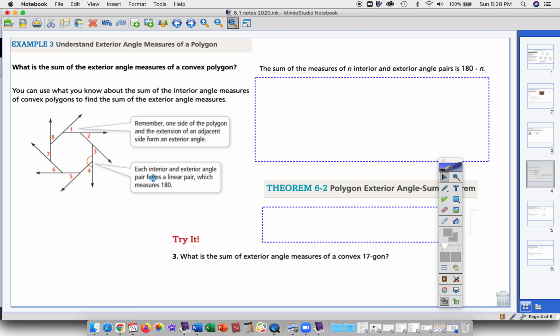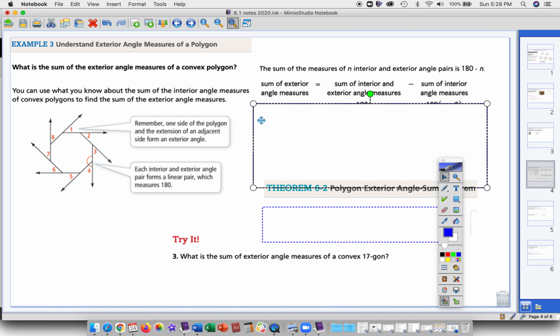Each interior and exterior pair form a linear pair, which measures 180 degrees. So the sum of the measures of n interior and exterior angle pairs is 180 times n.